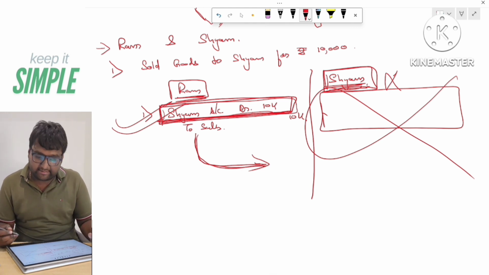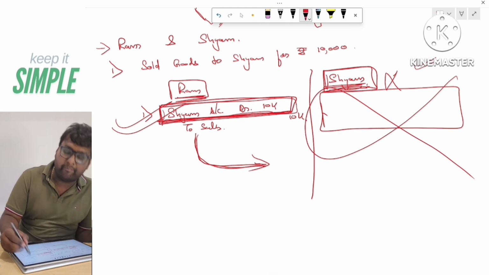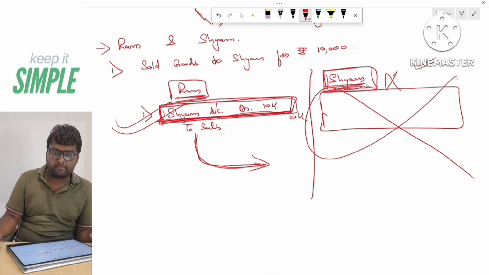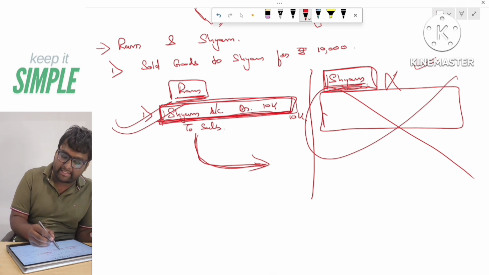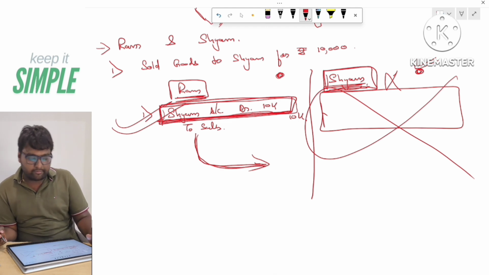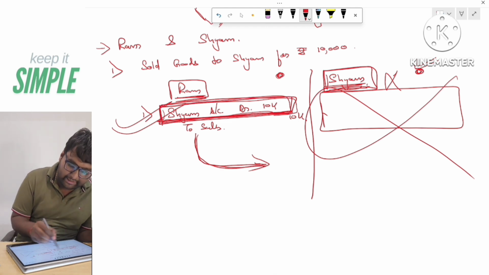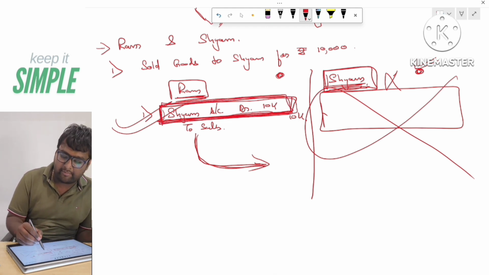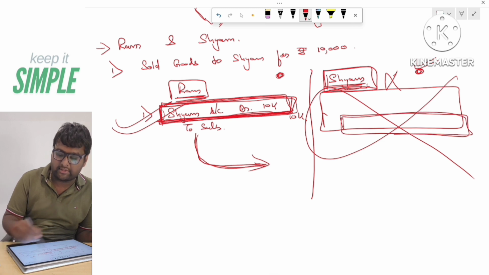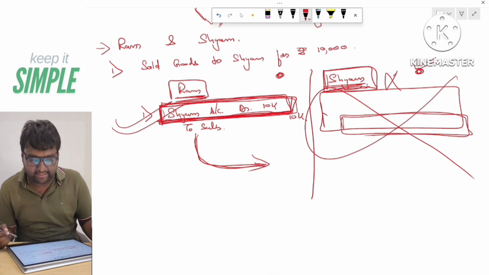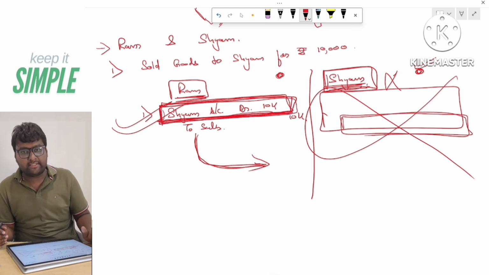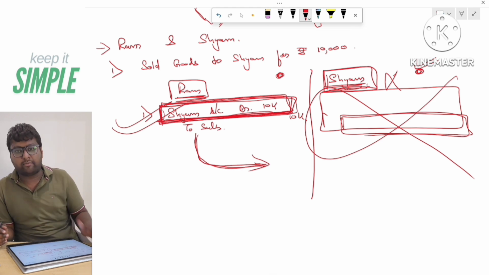So this signifies that the books of Shyam is not complete. There is some inconsistency either in the books of Ram or in the books of Shyam. Because Shyam has a debit balance of 10,000, but Ram doesn't have a credit balance of 10,000. So this signifies that there is some inconsistency in one or the other books.